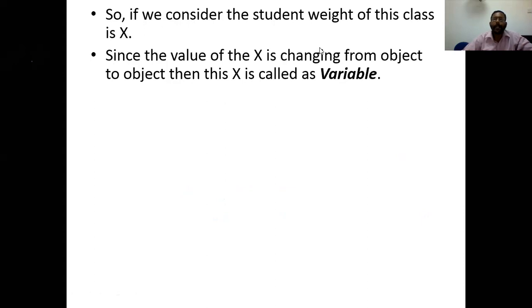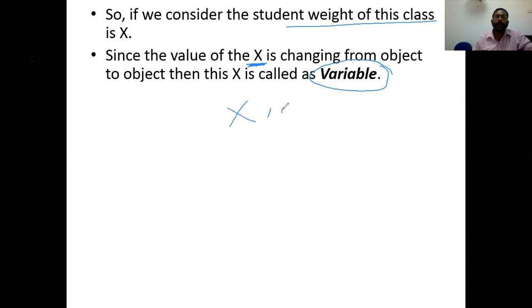Because this value changes from object to object, therefore we call it a variable. What is this X? X is the weight of this class. X is a variable.